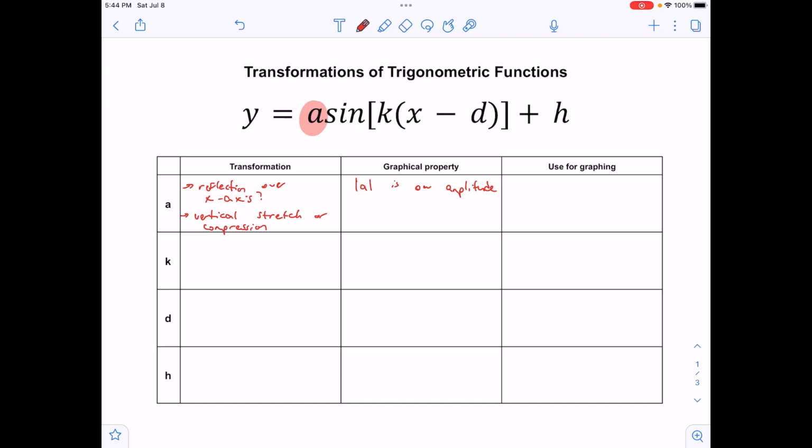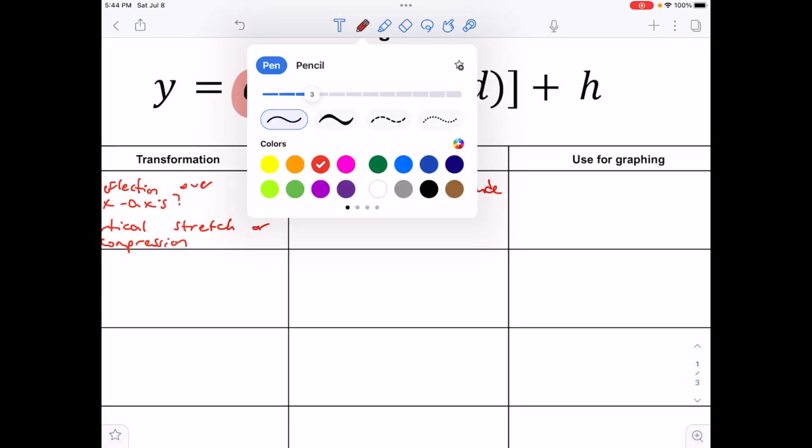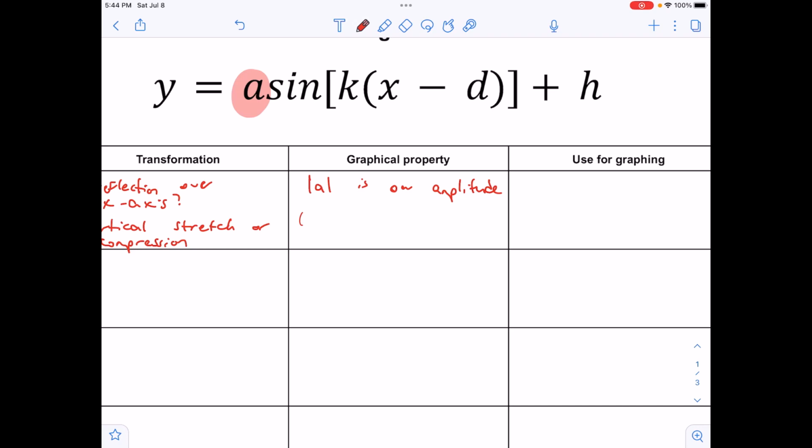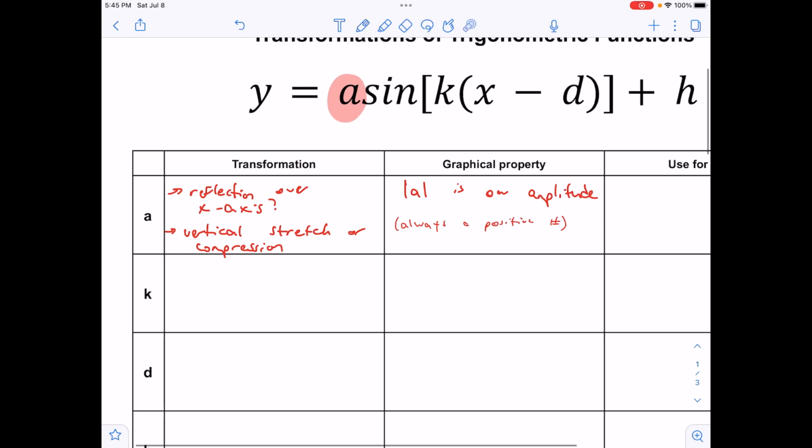The absolute value of A implies that it is always going to be a positive number. So if I ask you, what is the amplitude on this graph? The answer is a positive number. The negative out front represents a reflection. It has nothing to do with the amplitude. It just so happens that it's stuck out front at the same time.